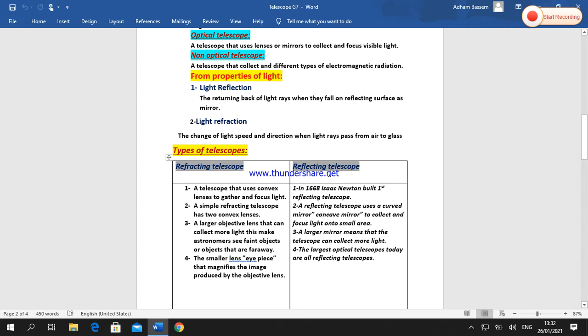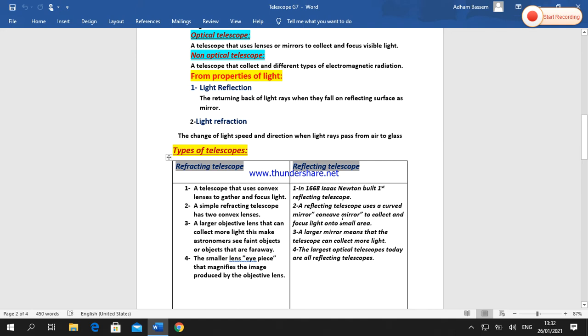We use mirror, okay? In 1668, Isaac Newton built the first reflecting telescope, okay? This telescope uses a curved mirror, known as concave mirror. Concave mirror has the ability to collect and focus light onto a small area.